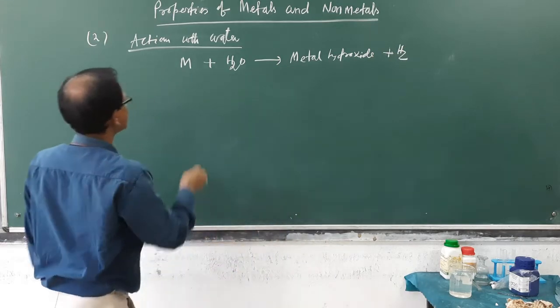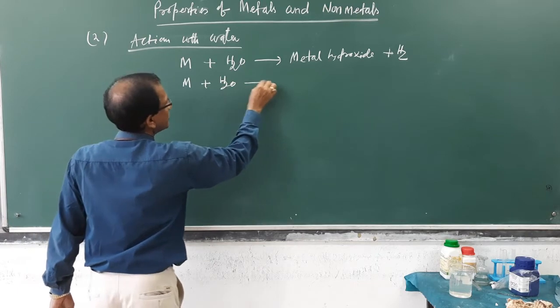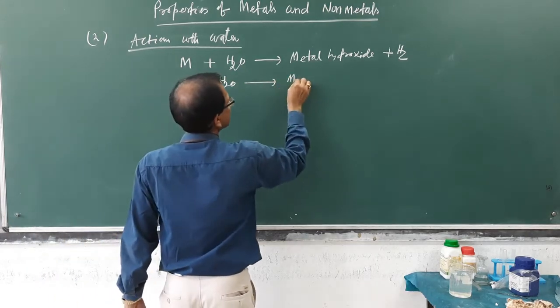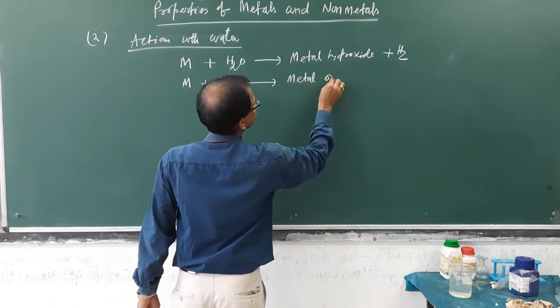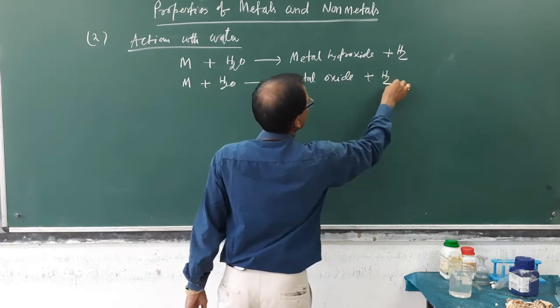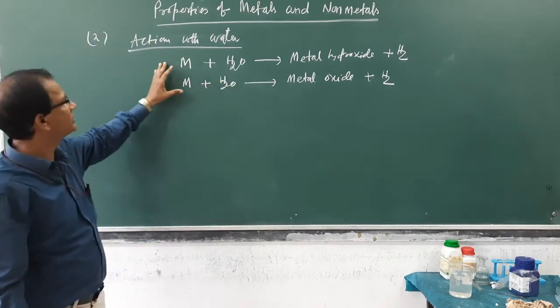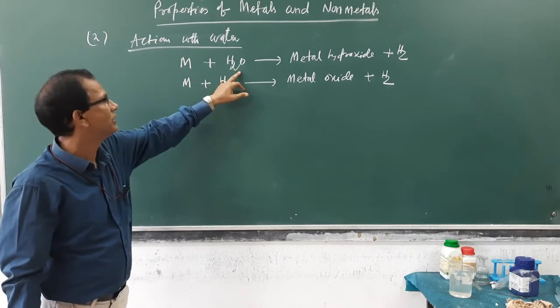In some cases, some metals react with water to produce metal oxides plus hydrogen. So these are two important products of the action of metal with water.